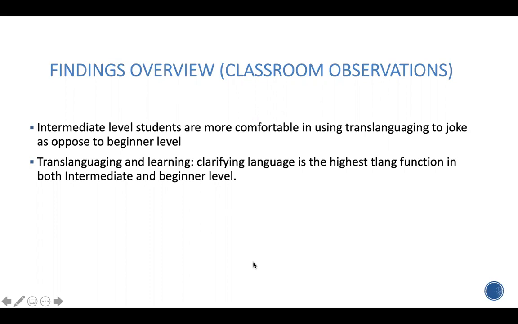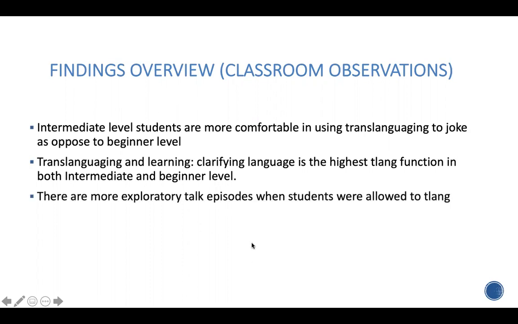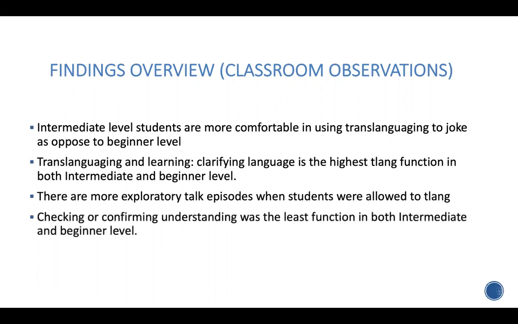So they used it to clarify their languages. There are more exploratory talk episodes when students were allowed to translanguage. Checking or confirming understanding was the least used function in both intermediate and beginner levels.